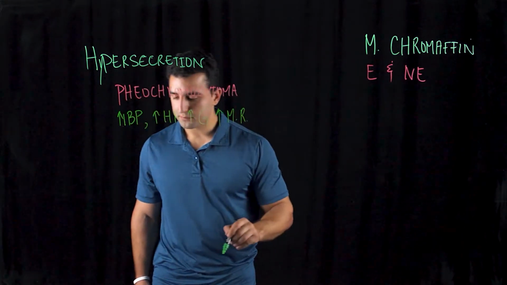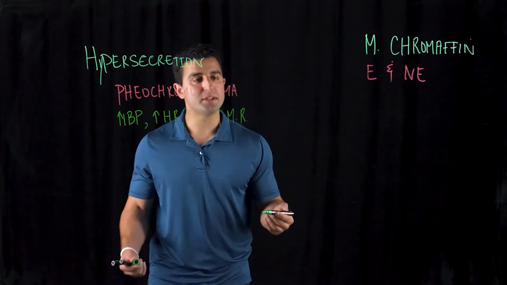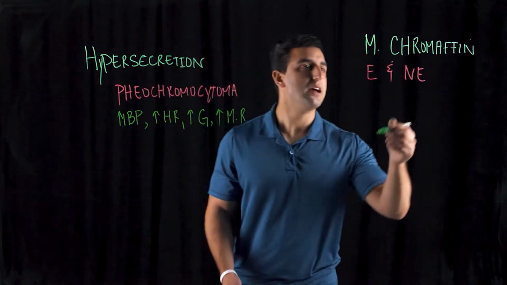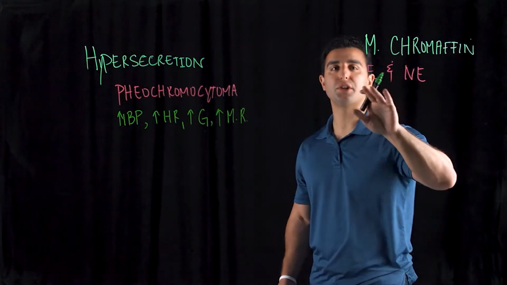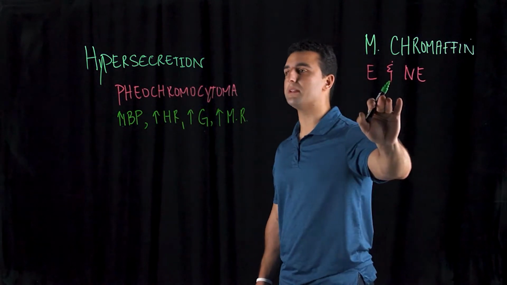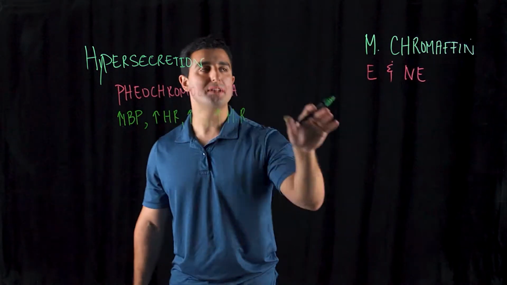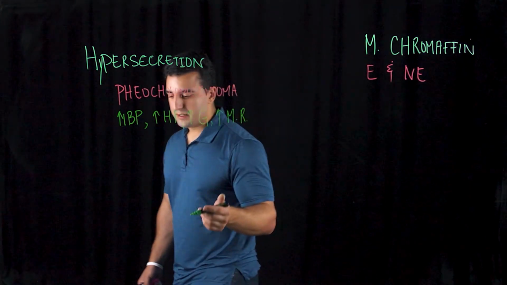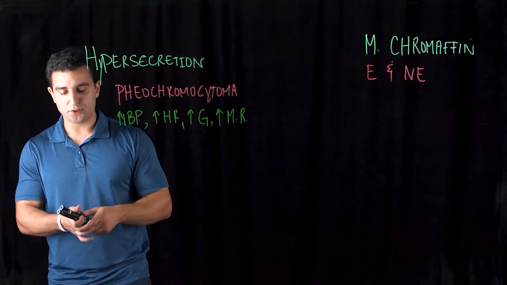What else could happen? Hypertension, nervousness, behavioral changes, sweating. These are all instances of excessive secretion of these catecholamines due to a tumor present in the adrenal medulla.